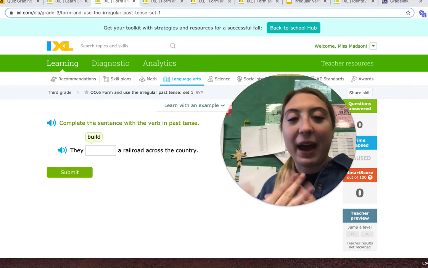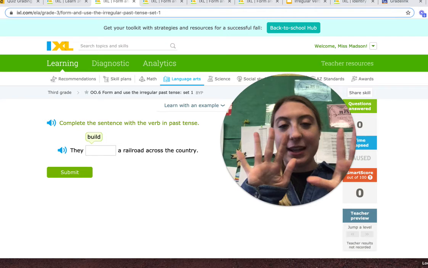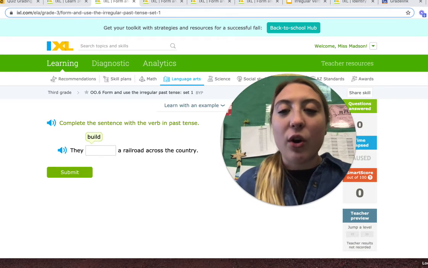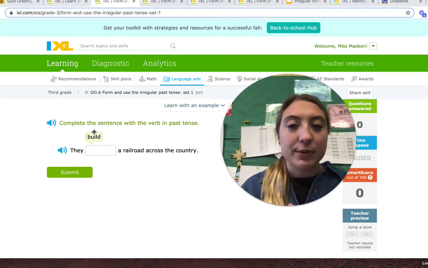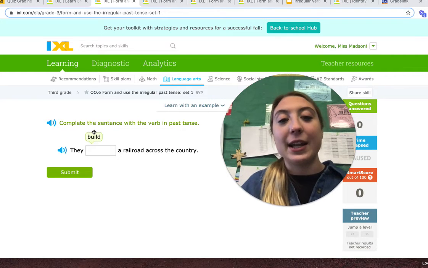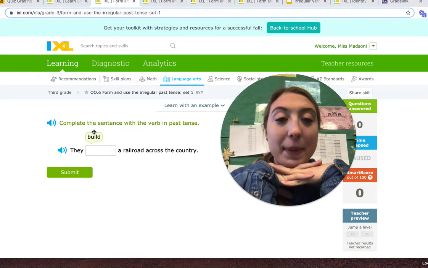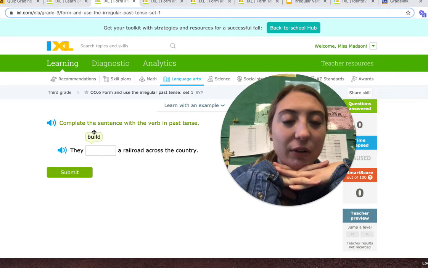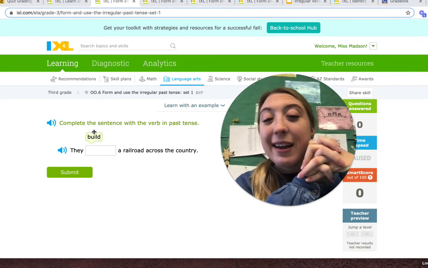If not, go back, take time, and you can pause and write down the present and the past tense verbs, so that we know if I'm going to build, the ones that we mainly worked with today either change the ending to a T or a D. This one has a D, so now if I'm going to say they, past tense, built a railroad across the country, if you didn't write down your notes, try to sound it out.